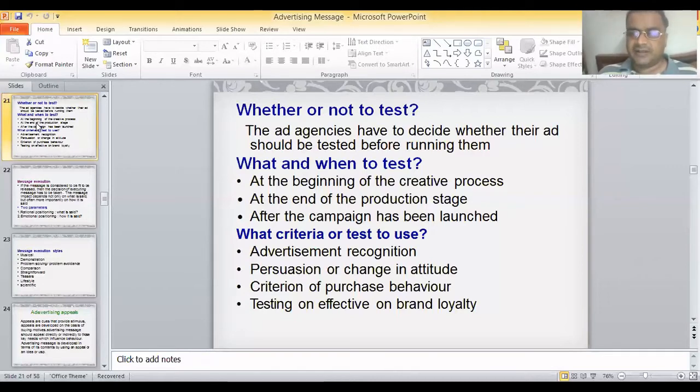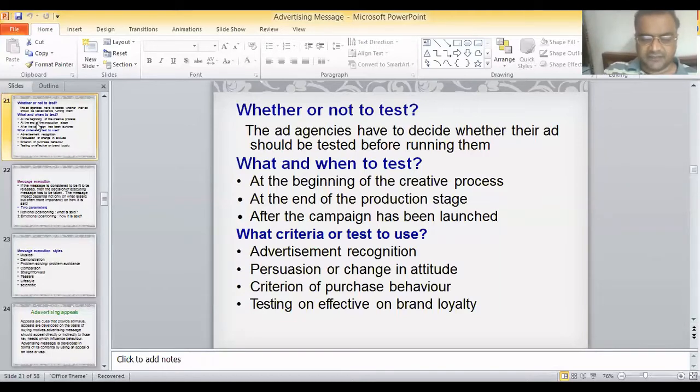So basically, when the advertisement is already launched and it is there in the newspaper, or if it is audio-visual, then it is launched on the television, and it is beaming live on whichever channel we are using for the advertisement.